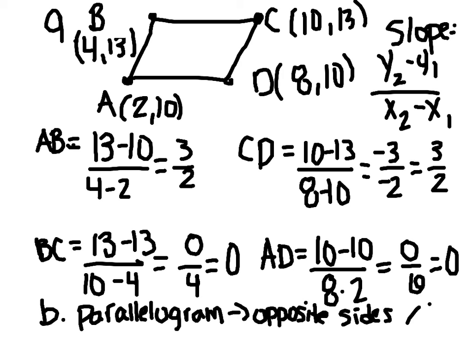You would need to write in complete sentences, and you need to tell me why they're parallel, and you would have to go through your steps. Well, I found the slopes of the sides that were opposite. The slopes were equal, so that means they're parallel. And I found that for both sets, and I know that the definition of a parallelogram is opposite sides are parallel. So the best name for this shape, quadrilateral, is a parallelogram.